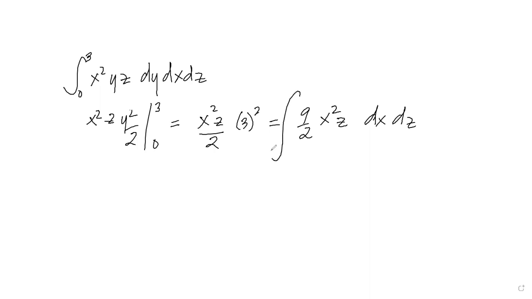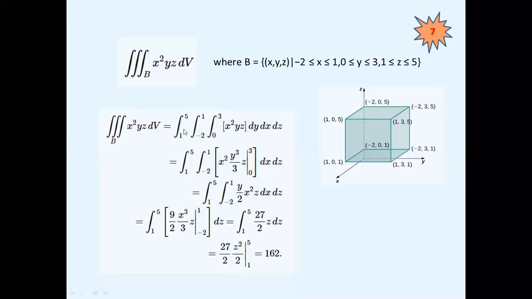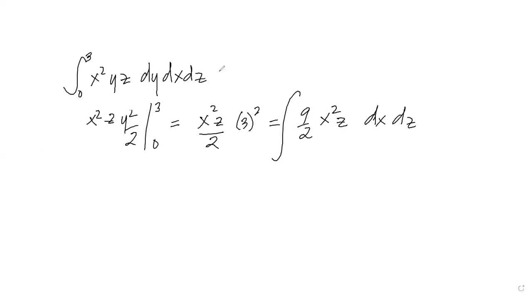Our next limit that I will need to integrate is negative 2 to 1 for the x. So if I integrate in terms of x, that would be 9 over 2z times x cubed over 3.